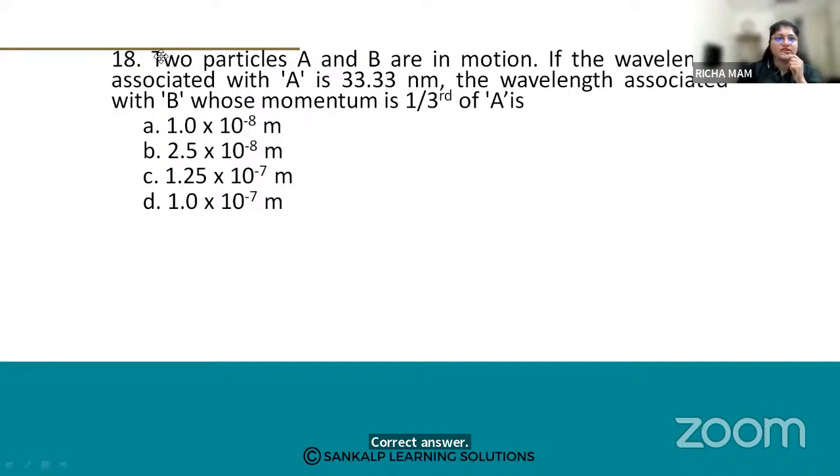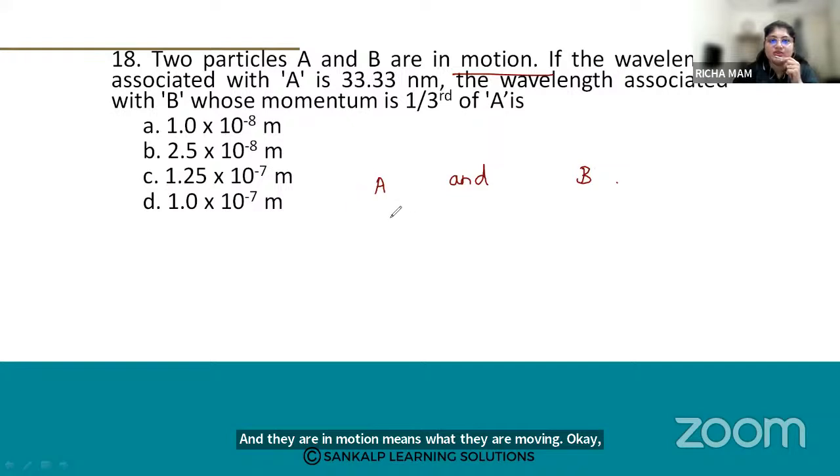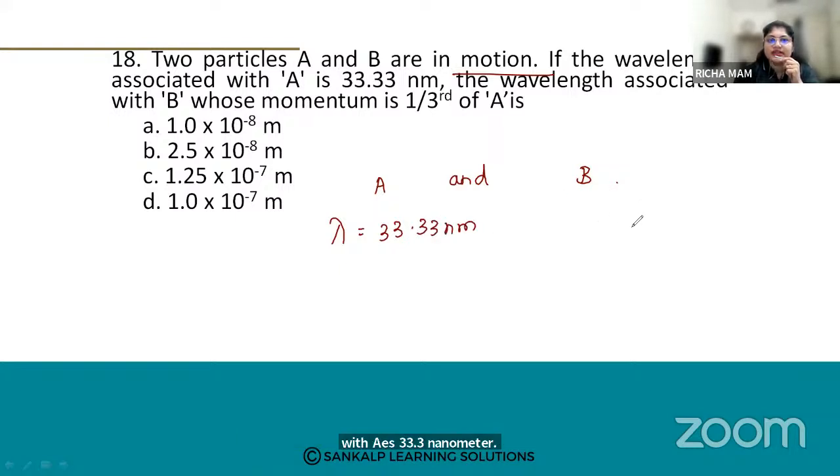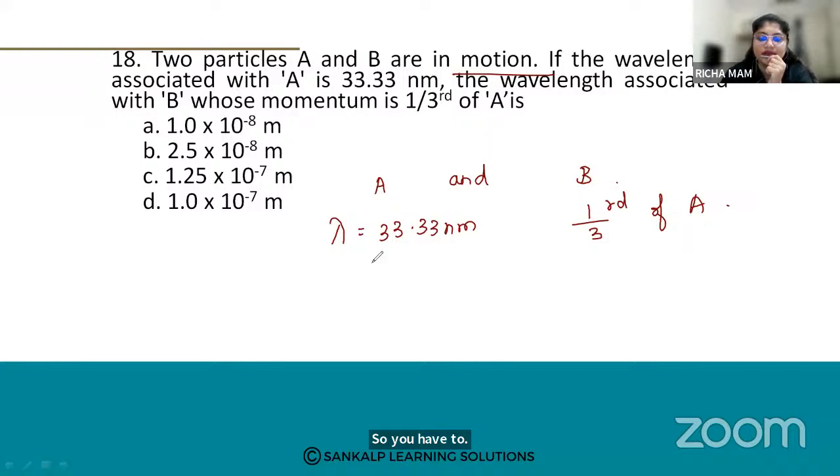Okay, one question. There are 2 particles, A and B, and they are in motion. Motion means they are moving. If the wavelength associated with A is 33.33 nanometer, and the wavelength associated with B, whose momentum is 1/3 of A. The momentum of B is 1/3 of A. So you have to find out the wavelength of B. Now here, what all is given?